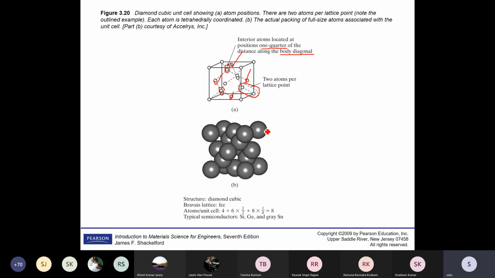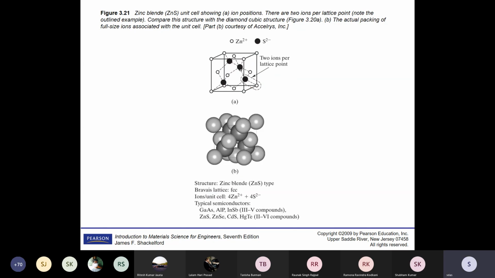The Bravais lattice is face-centered cubic, obviously, but if a material has this kind of structure, it is called diamond cubic type structure. Semiconductors like silicon, germanium, gray tin have diamond cubic structure.